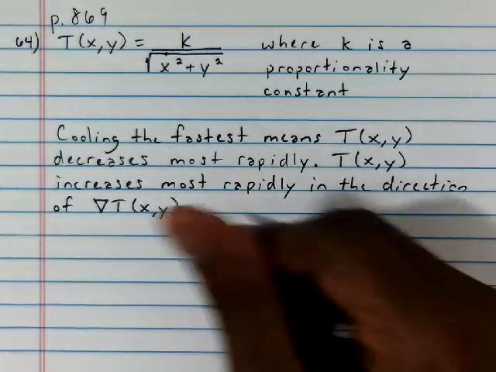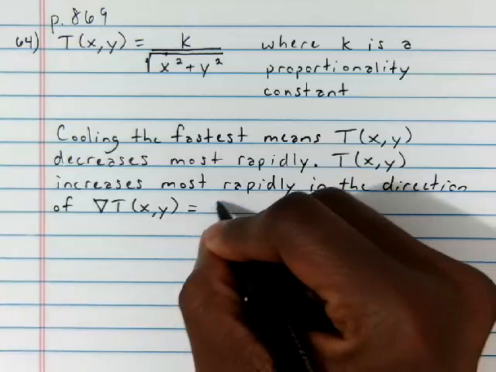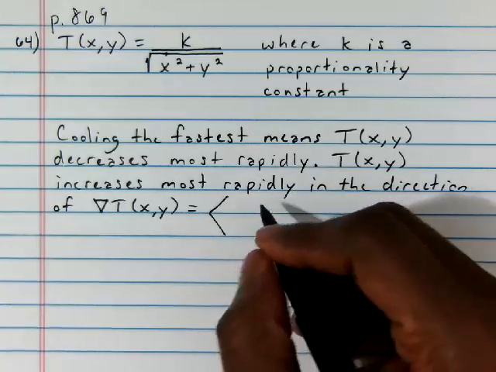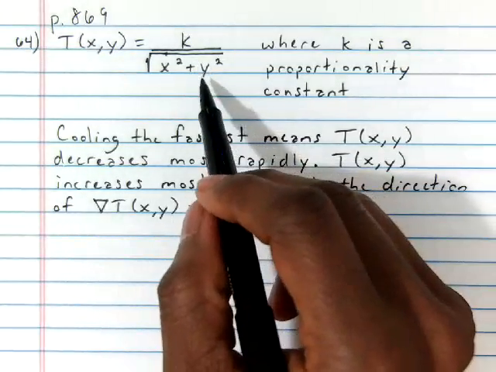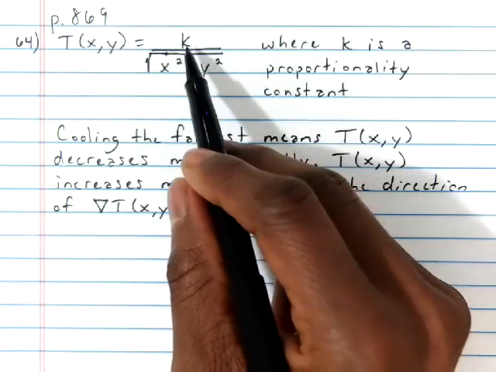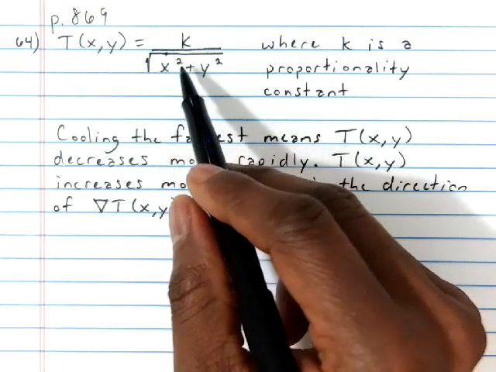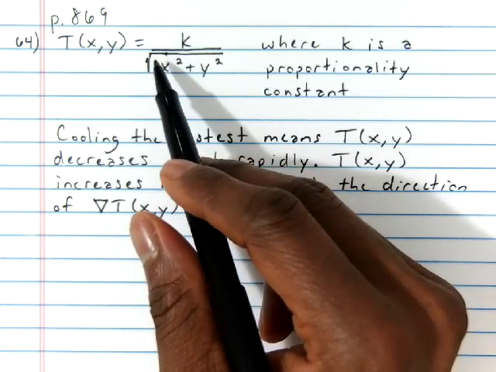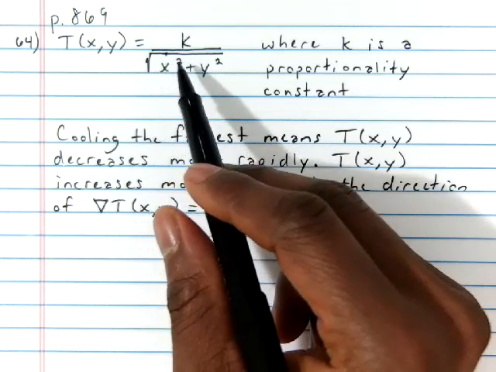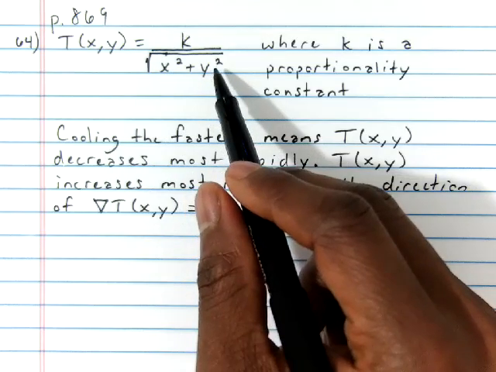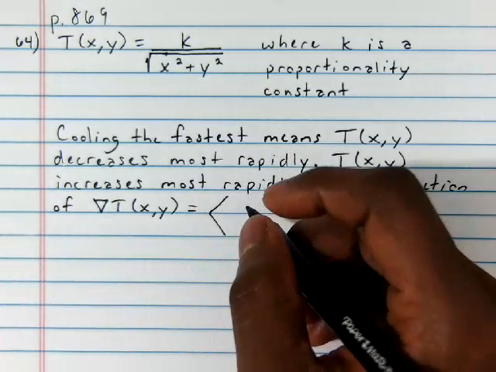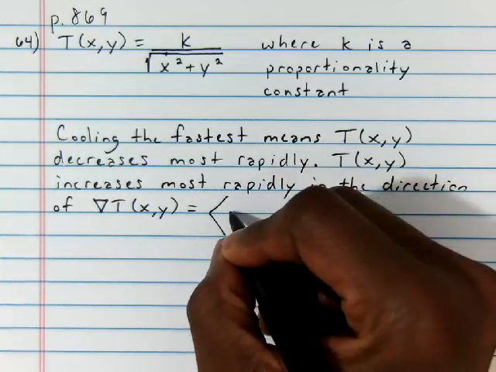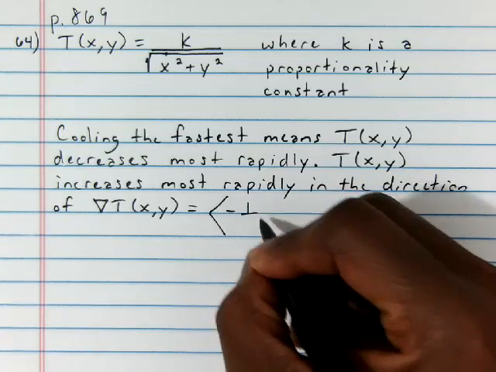And let's just go ahead and compute that. We need to take the partial of this with respect to x. The k, remember, is just a constant, so we don't have to worry too much about that. So this is the same as x squared plus y squared raised to the negative 1/2. I'll write out the first one, then I'm going to simplify the second one.